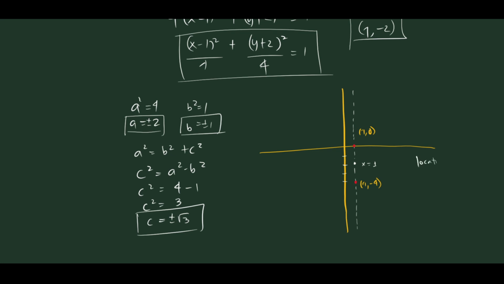For the location of the foci, our x coordinate here is 1, and then -2 plus square root of 3, and the other one will be 1, -2 minus square root of 3. So your foci will be somewhere along between here and there. Okay, so there you have it. We've answered letter B.